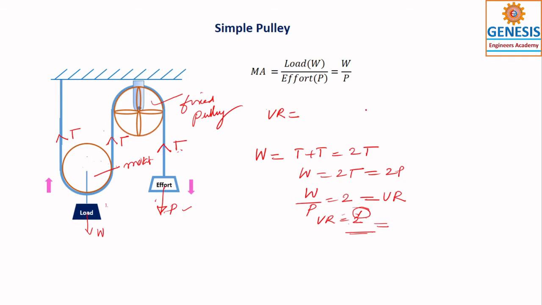If you apply the effort P, there is tension T, and there is an opposite tension T. So that is why I have used this T. If this is the tension T, the same tension must be applied here.